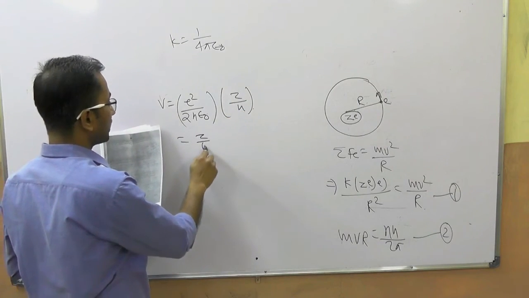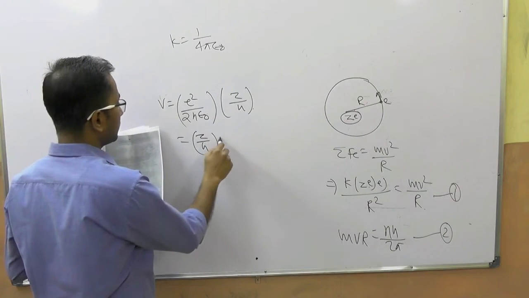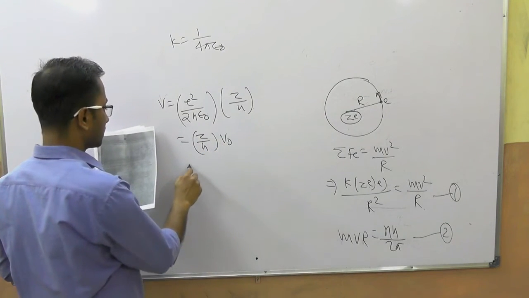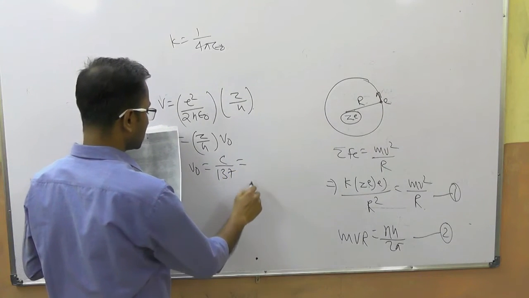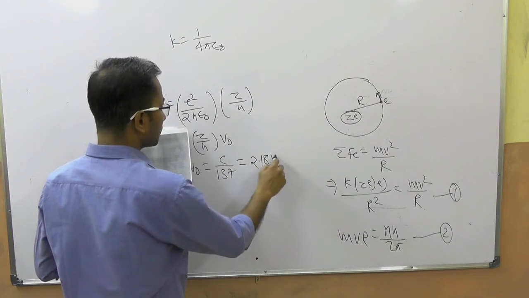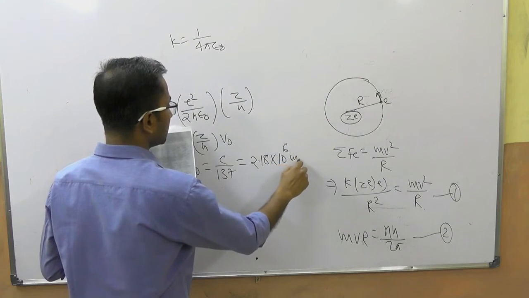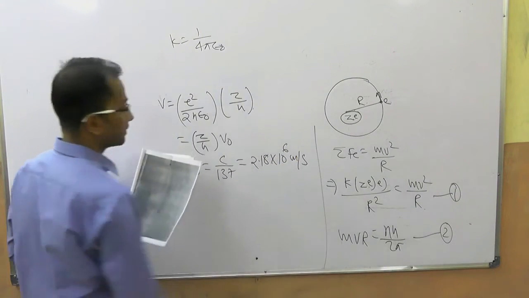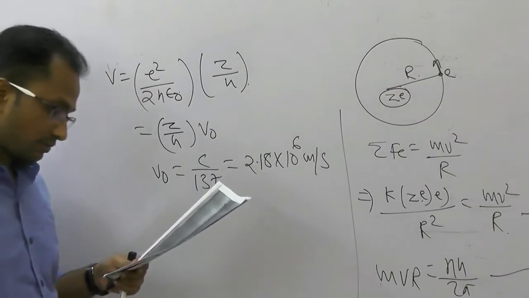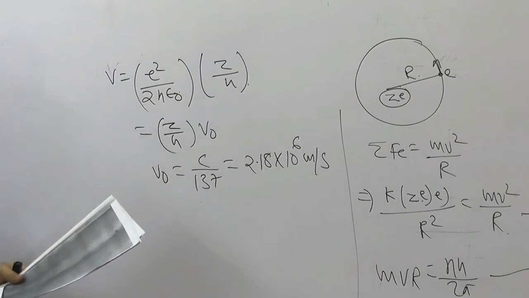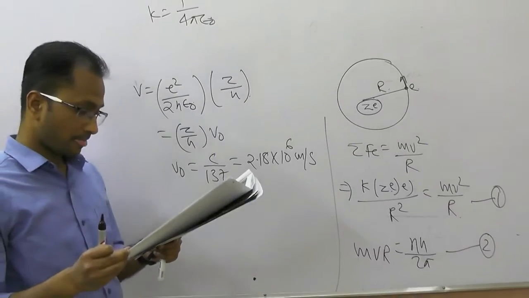This is also Z by n into v naught, where v naught is c by 137, or approximately 2.18 times 10 raised to 6 meter per second. Right? So this is the expression of the velocity of an electron revolving in an orbit of a hydrogen atom.